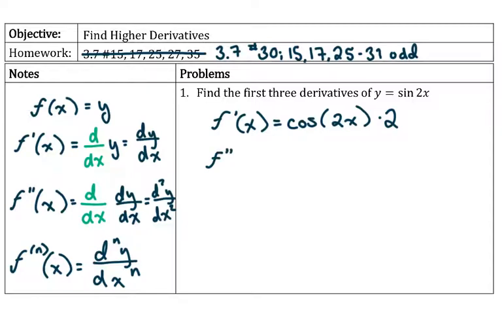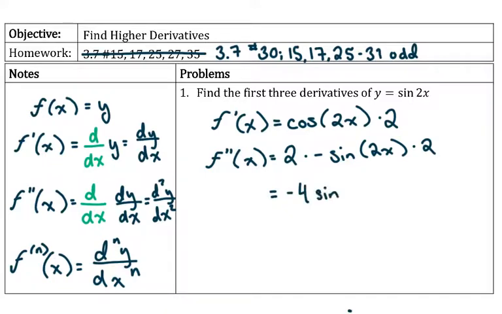Then finding the next derivative, we've got a coefficient, which is 2, back here, times the derivative of cosine, which is negative sine of 2x, and then times that internal derivative again, so 2. And if you wanted to simplify this one, which I do, I'm going to write that as negative 4 sine of 2x is the second derivative.